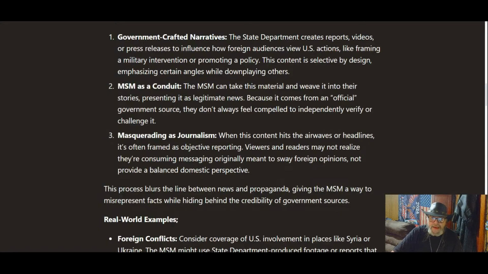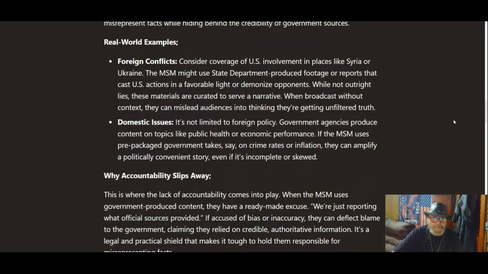Viewers and readers may not realize they're consuming messaging originally meant to sway foreign opinions, not provide a balanced domestic perspective. The process blurs the line between news and propaganda, giving the mainstream media a way to misrepresent facts while hiding behind the credibility of government sources.